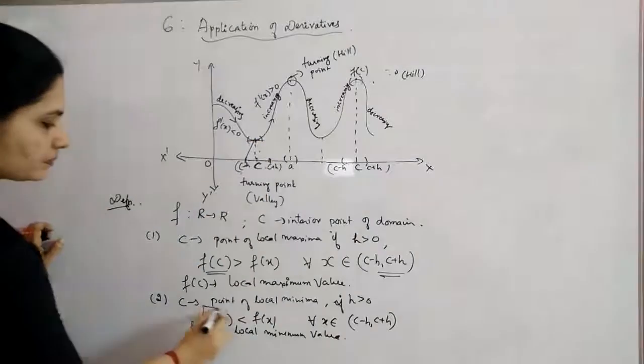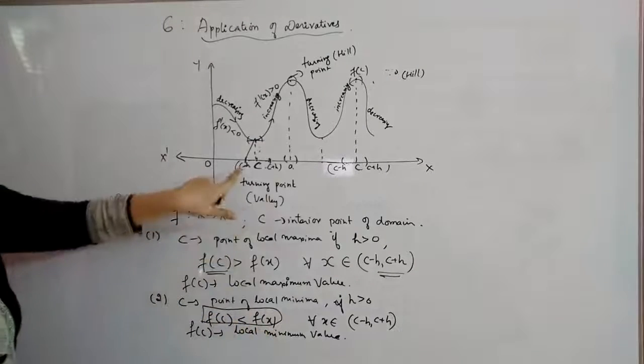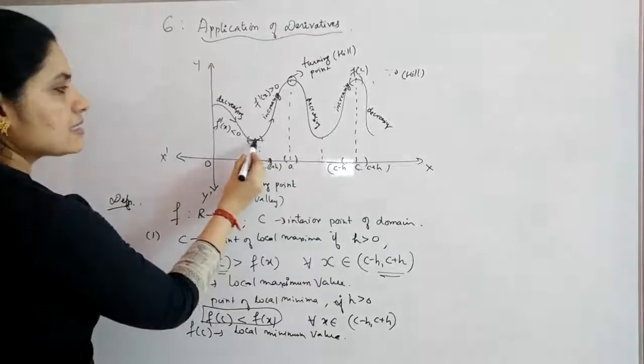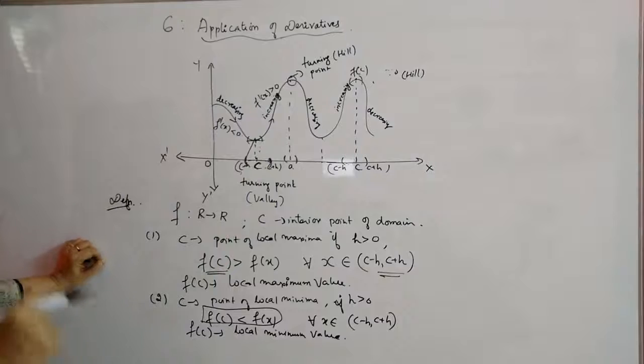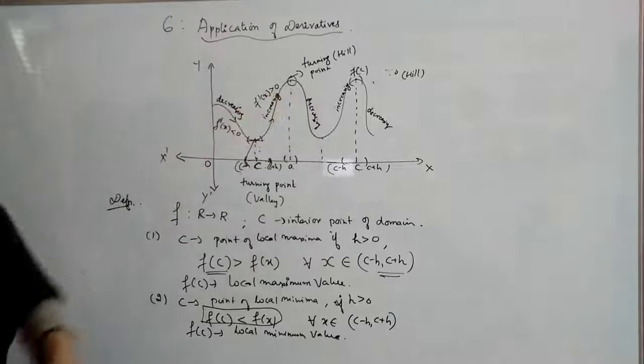Here f of c is less than f of x for all x belonging to this small interval, so this is the only point where you get the minimum value of the function. This is the meaning of a point of local minima. That was a point of local maxima.